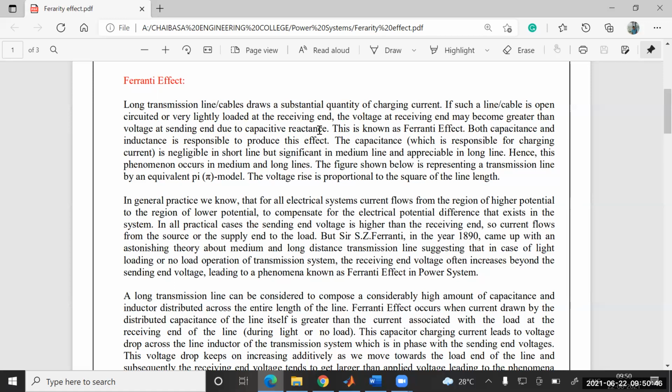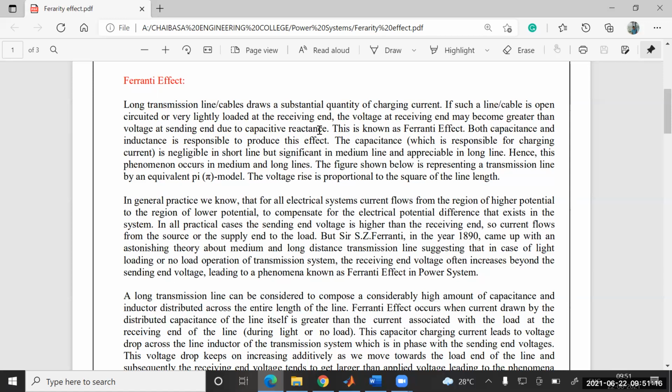We generally neglect it in the short line. So we'll draw this segment only, a small short transmission line, and see the effect. Hence, this phenomenon occurs in medium and long lines.